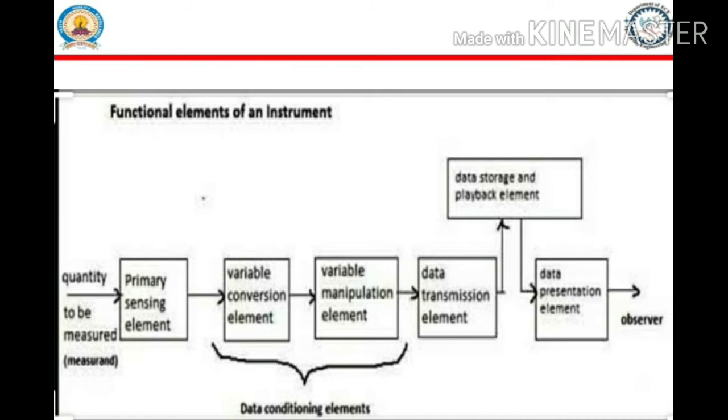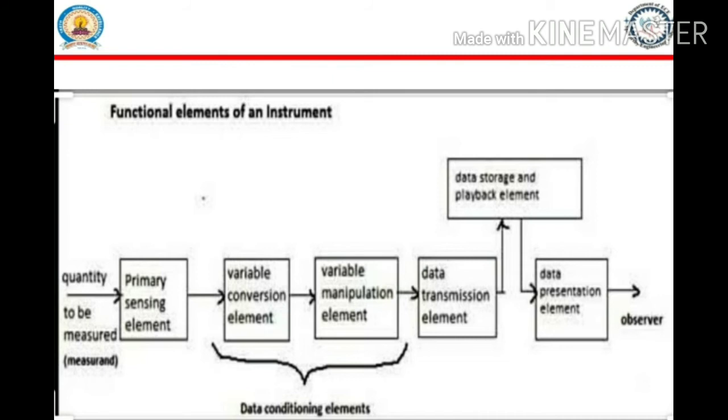So in our example, amplification and filtering, or any other operation which you do for your instrument's purpose, comes under the intermediate stage. Basically, in the intermediate stage you are doing variable conditioning and variable manipulation. These are the two jobs you perform in the intermediate stage.